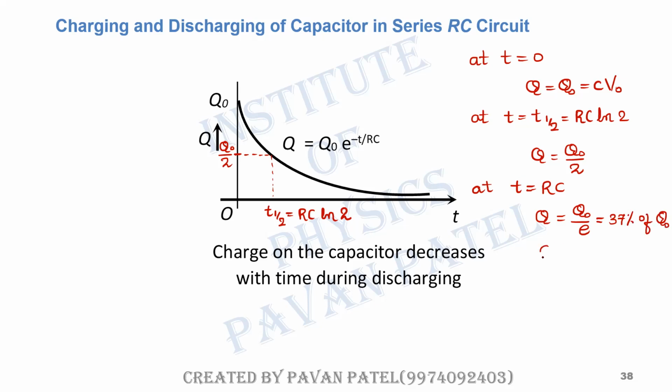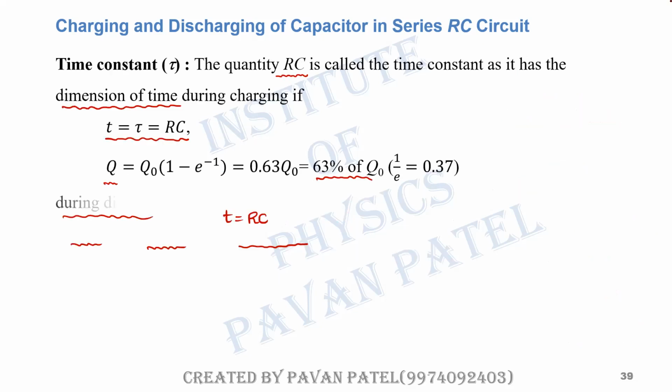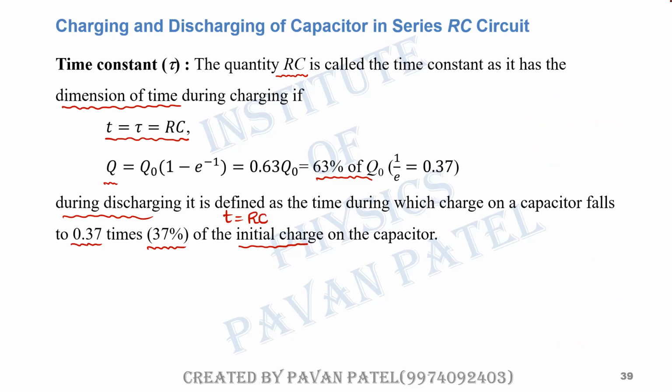It can be written as Q = 0.37 Q0, and therefore Q divided by Q0 is equal to 0.37, and Q divided by Q0 times 100 will be the percentage, and that is 37 percent. Okay, so these are the important points that we should remember.